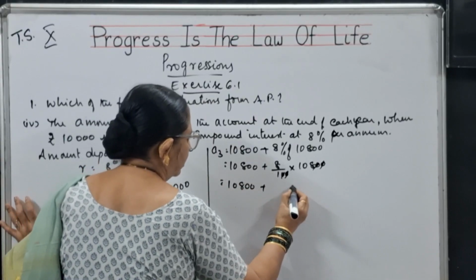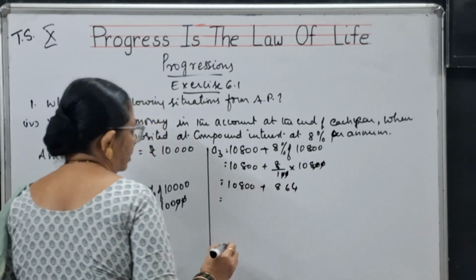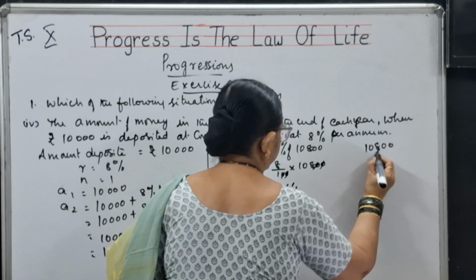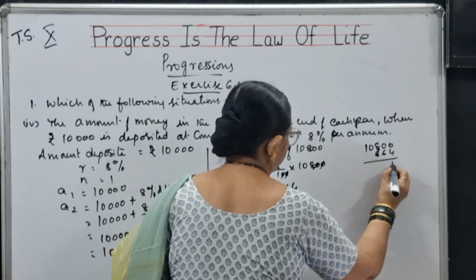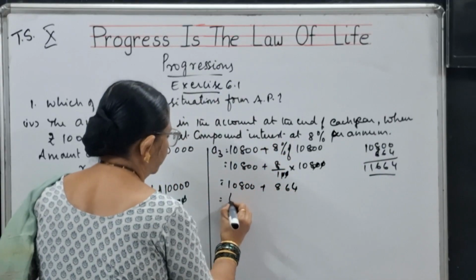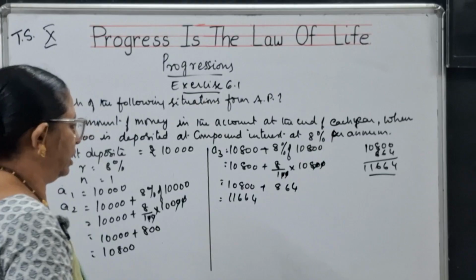10,800 plus 8 8s are 64, 8 1s are 8. So how much are you getting, children? 10,800 plus 864. So 4, 6, 16, 116. So you are getting 11,664 as A3.